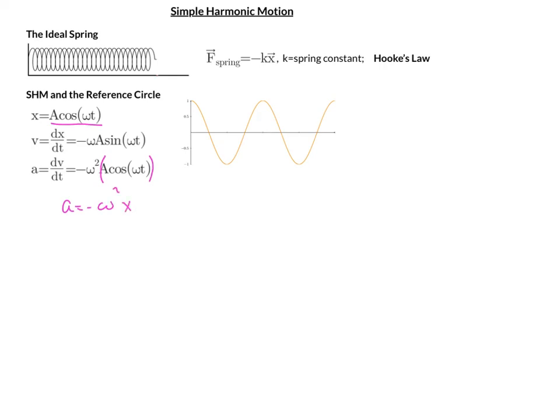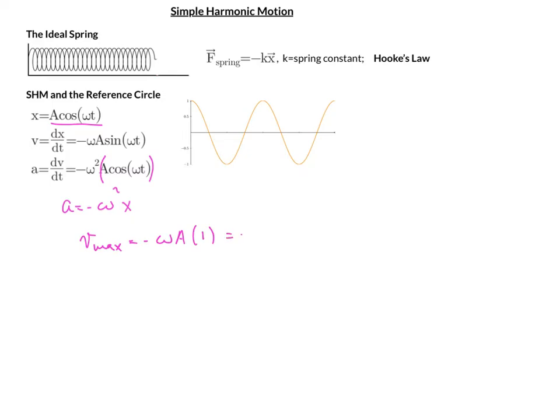All right. One more thing to note here is that since a sine wave or a cosine wave goes between 1 and negative 1, when we want to set v or a to a maximum, we will just set the sine or the cosine to their maximum. So we have the maximum values. V max is negative omega A times sine omega t, which we set as maximum, and that's 1.